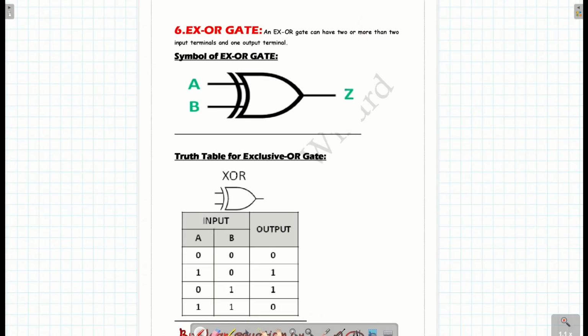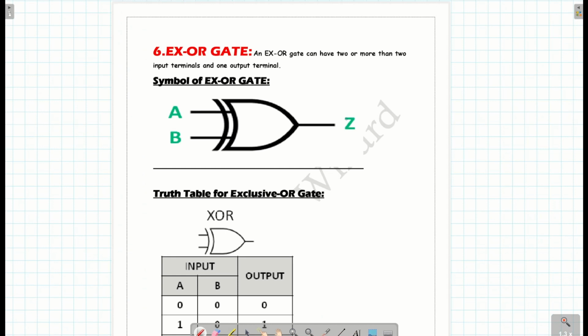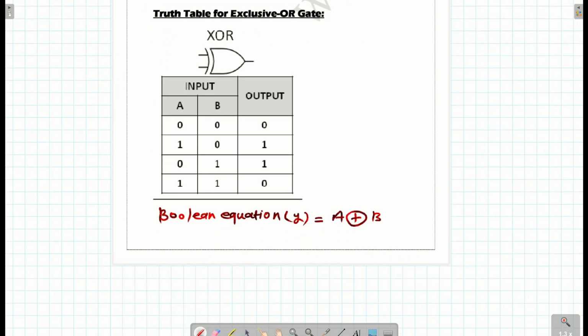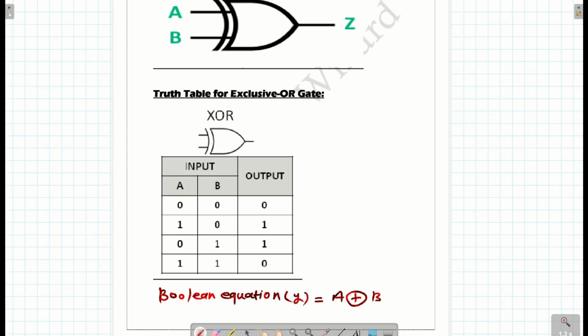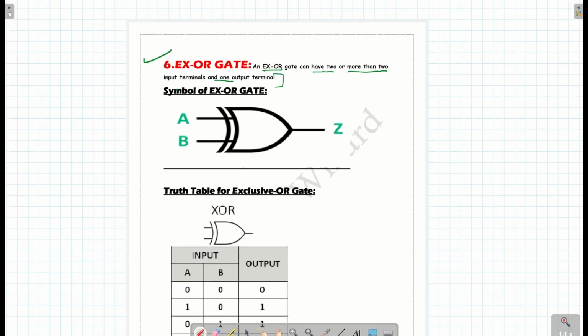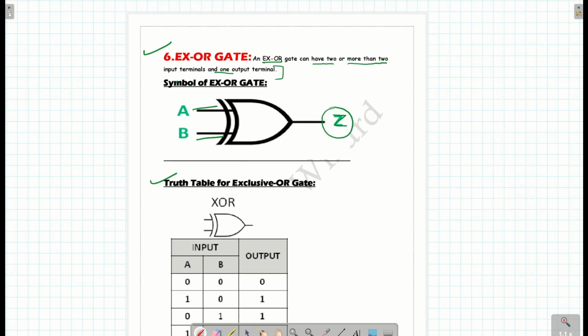Okay, next, XOR gate. These are a special type of gates. So XOR gates are very special gates. XOR gate means what? XOR gate can have two or more than two input terminals and one output terminal. Okay, like this. Here we input A and B and we get the output Z. So in the truth table, what?